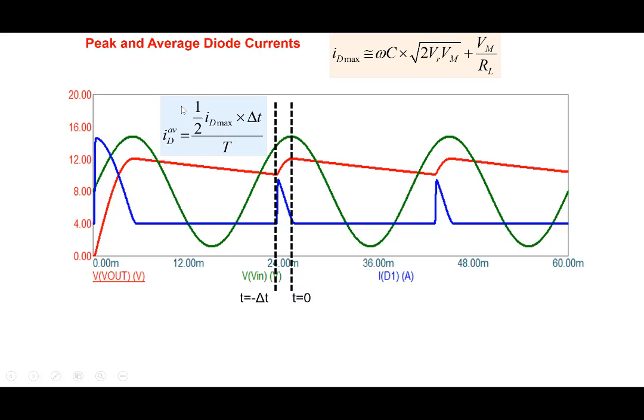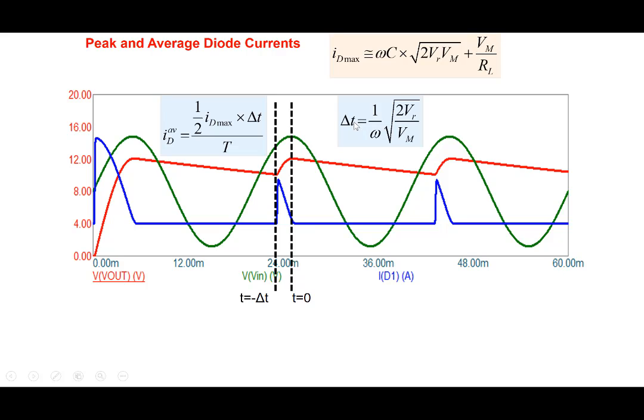So the average value we can determine as the area under the curve, half ID max into delta T divided by T. We take an average from this value to the next peak, by doing an integral and dividing it by the time period. The integral is nothing but, if we approximate it by a triangle, half ID max into delta T divided by capital T.